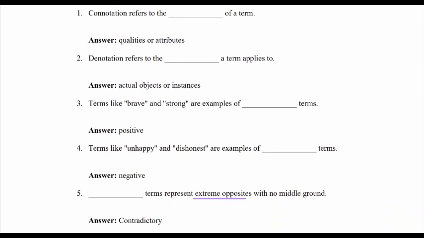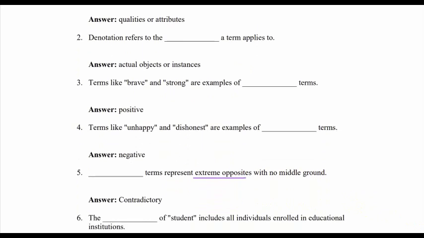Yes, because I mistook this for having middle ground. So this is with no middle ground. So this could be exact opposites with no middle ground. The dash of student indicates denotation, includes all individuals enrolled in an educational institution. The denotation of student.